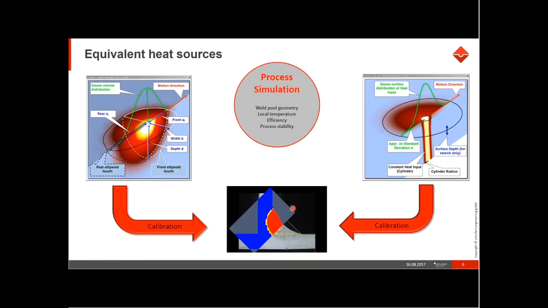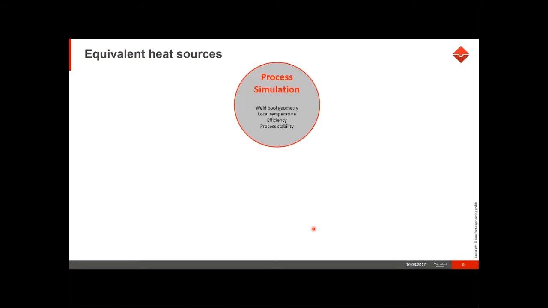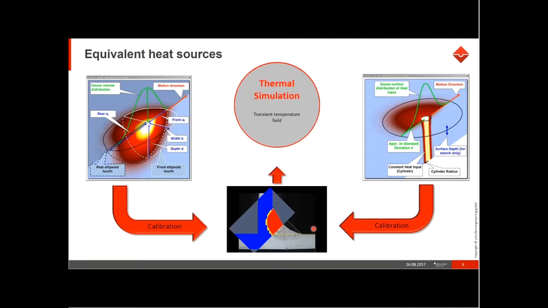Usually the easy way is to do a quick thermal simulation and then compare the energy or the shape of the melt pool that you get here with something like a micrograph cross-section. What you then get from this is a calibrated three-dimensional heat source. And then you can swap your process simulation with a simple thermal simulation that gives you the transient temperature field.